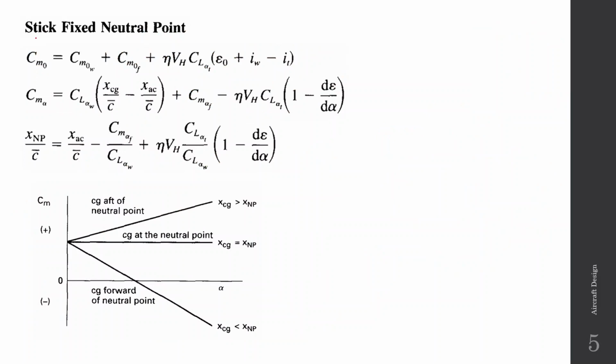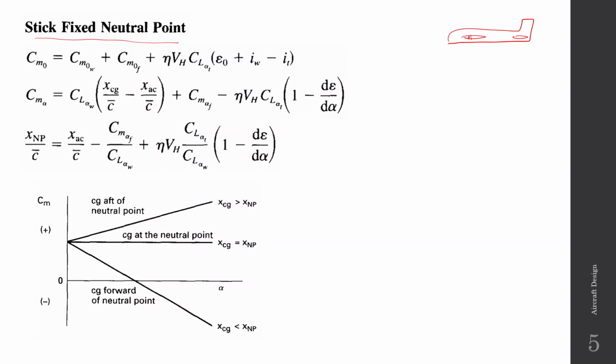Now we'll discuss something called the stick fixed neutral point. Conceptually, you can think of it as the overall aerodynamic center of the aircraft. This is the wing and this is the tail.